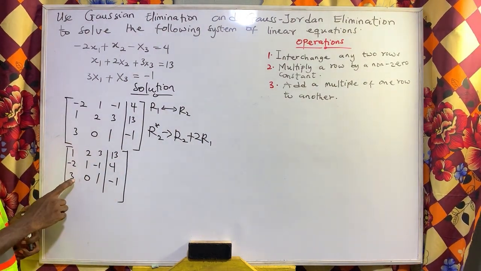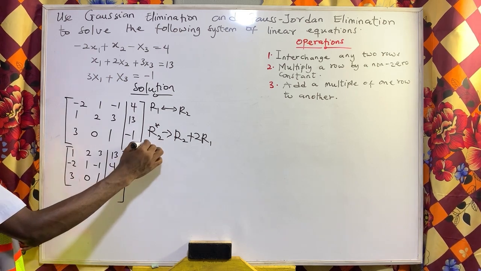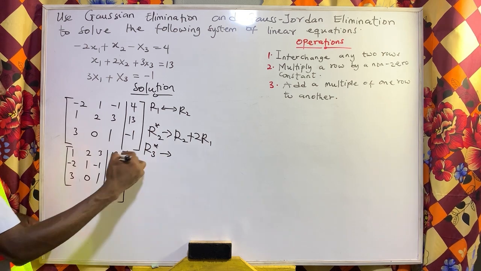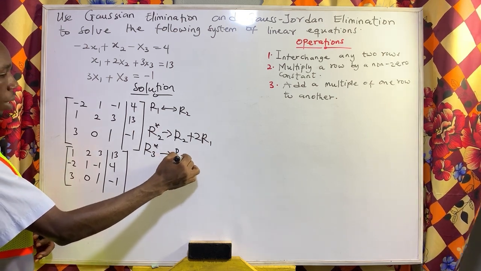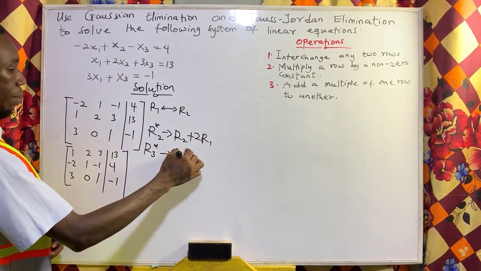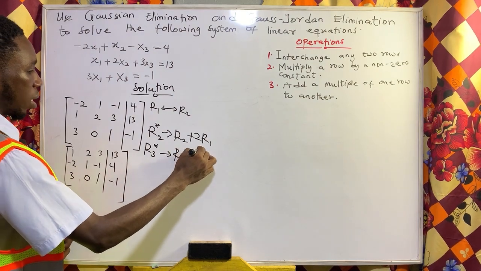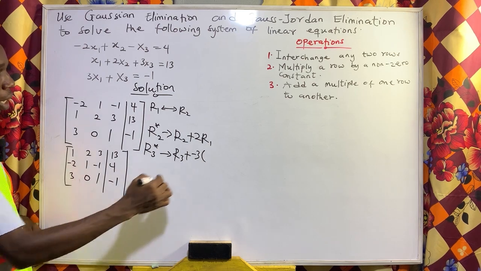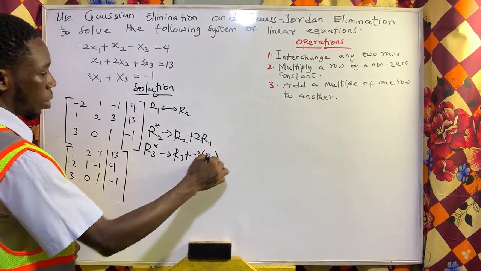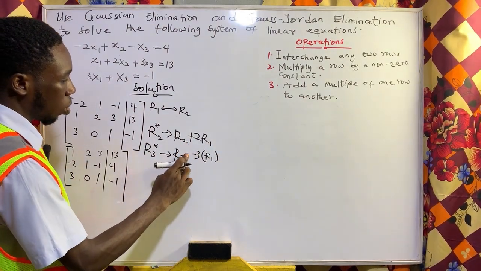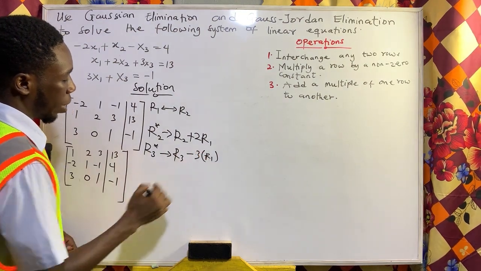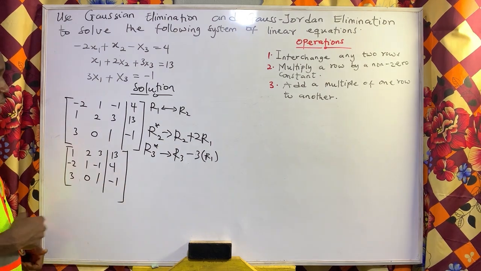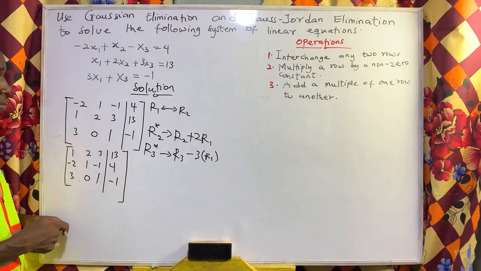And also, because we want to make this also 0, our new row 3 will become the current row 3 plus -3 multiplied by row 1. So you can get 0 here. I can write this as row 3 minus 3 times row 1. So now let's carry out these operations, and then look at what you are going to have.